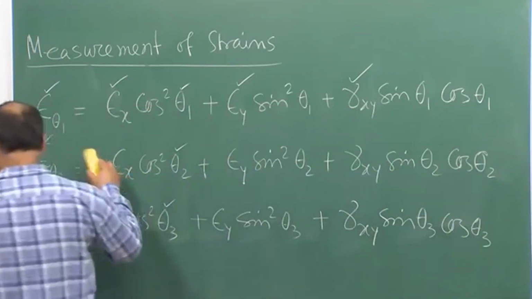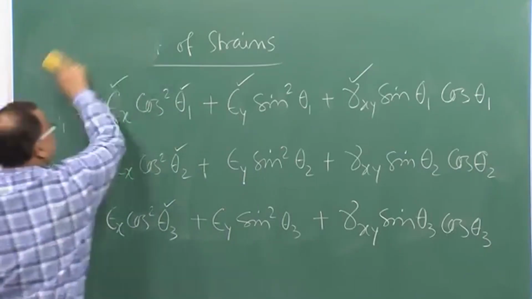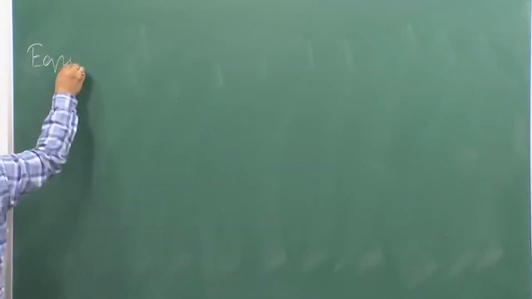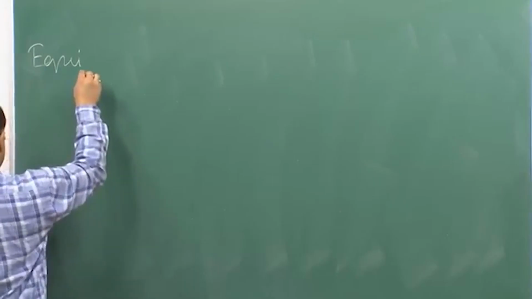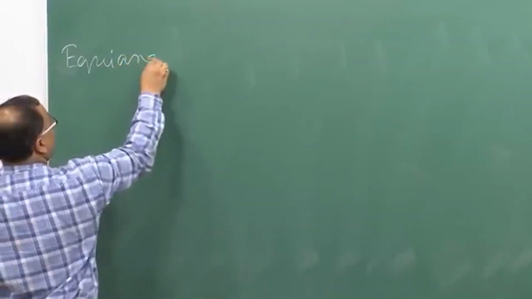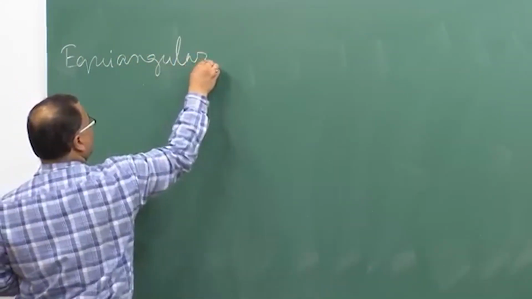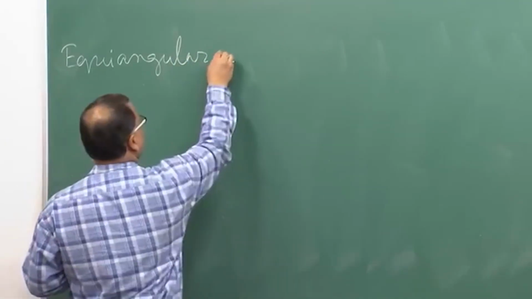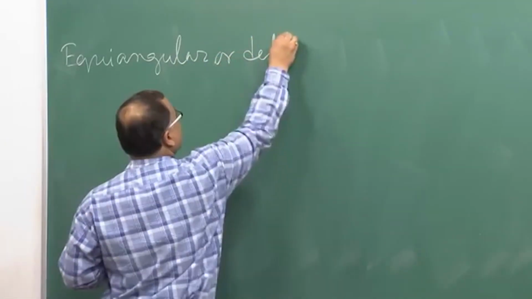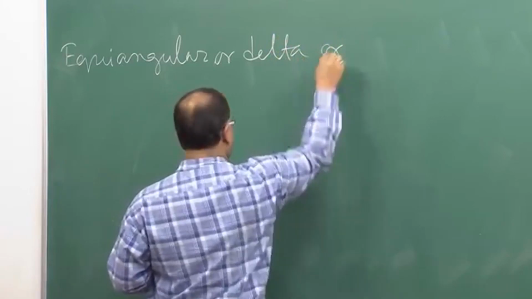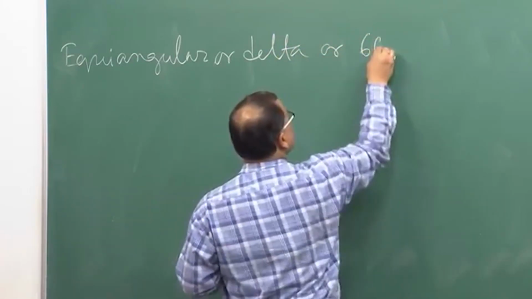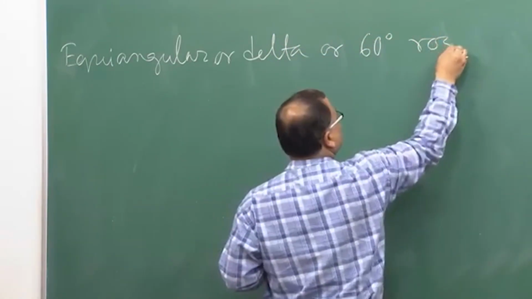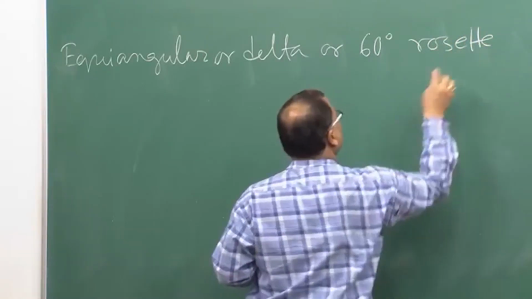Now, similarly, another strain rosette is there, that is 60 degree strain rosette, known as equiangular or delta or 60°, okay.